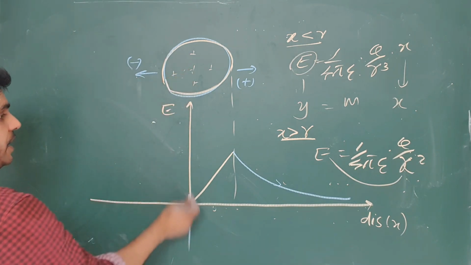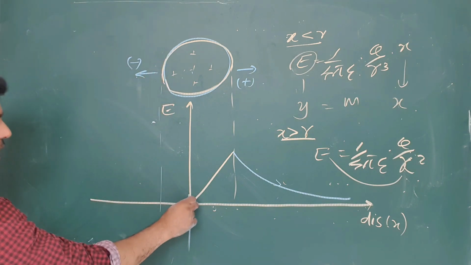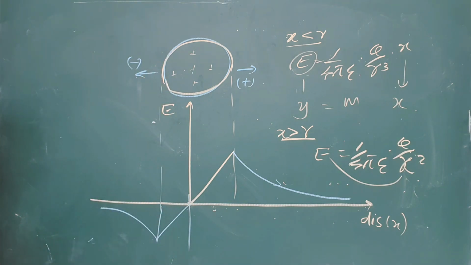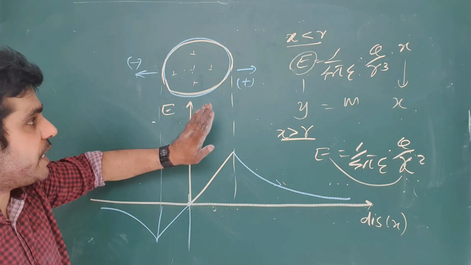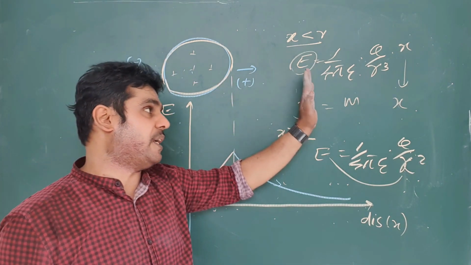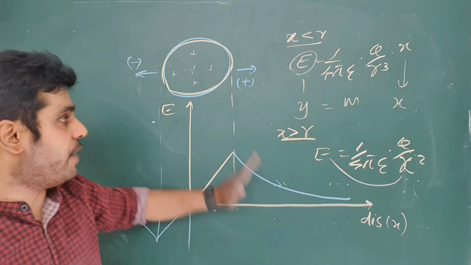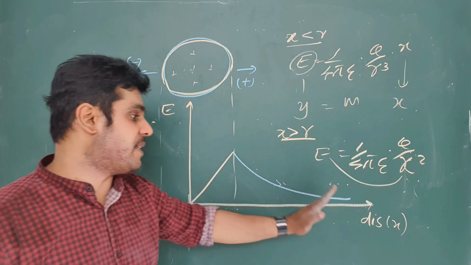Now when we draw the variation from here to there, you have to draw like this. Now this is the variation. Now this is the theorem to find electric field intensity and the variation of electric field intensity with the distance.